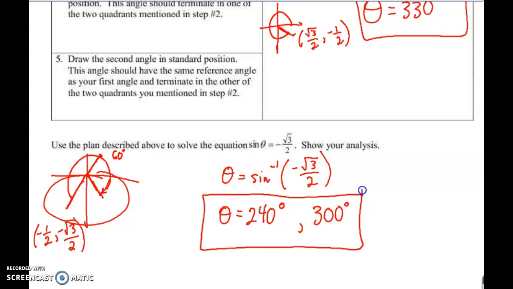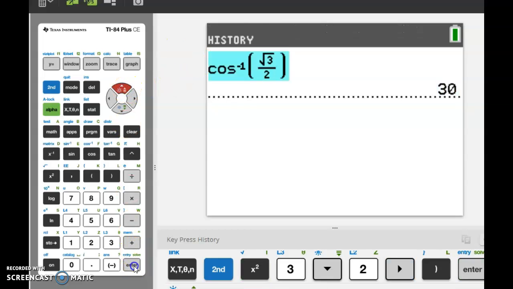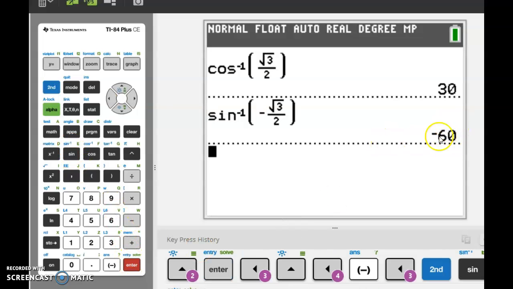And I anticipate questions on this, which is totally fine, but I do want to point out, if you use a calculator and you typed in, let me just grab this equation real quick, change that to be a negative, change that to be sine. Notice it gives me a negative answer.